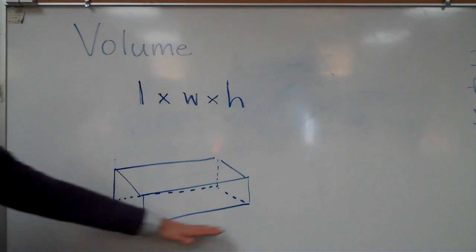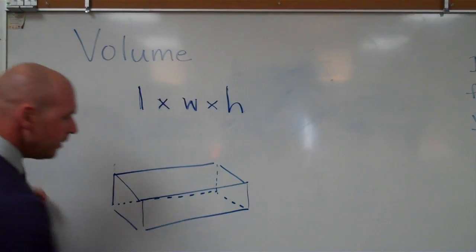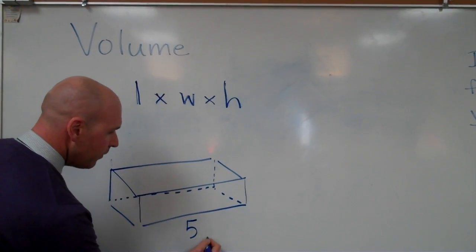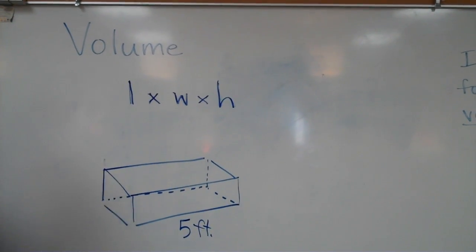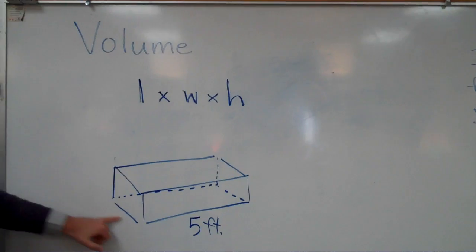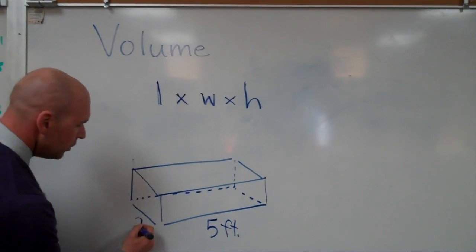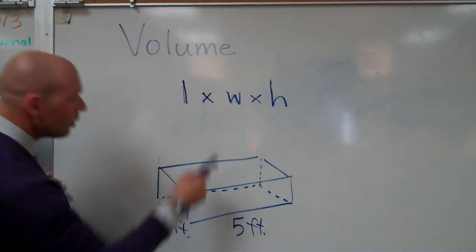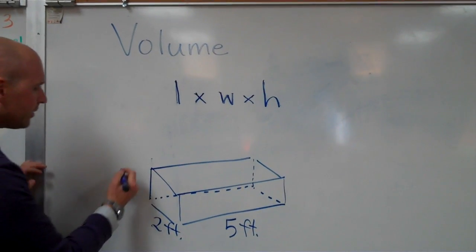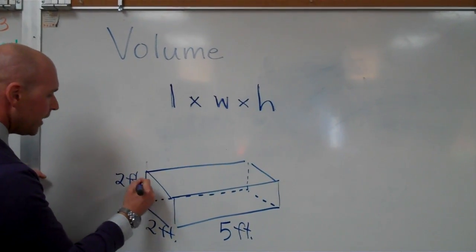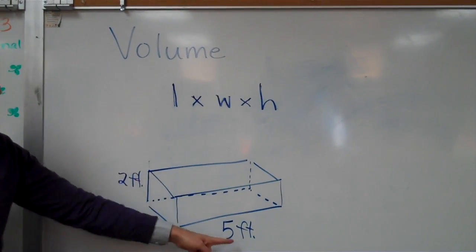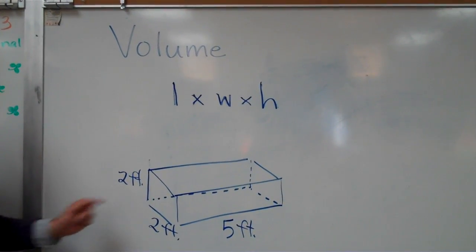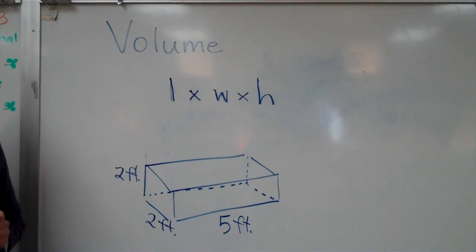Let's say this length here is 5 feet. That's a big stick of butter. And this is 2 feet. That's our width. And our height is also 2 feet. So plug these numbers in. Remember, this is our length, our width, and our height. Go ahead and do that.